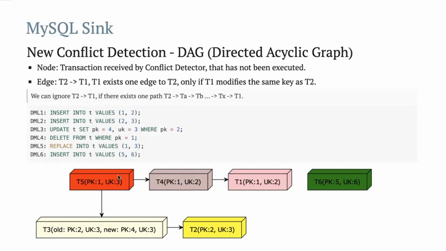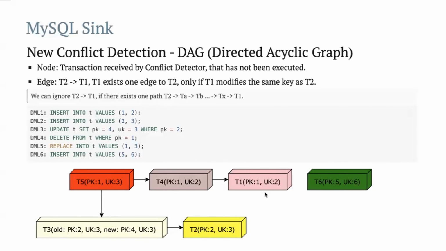And because T5 modifies the same key as T4 and T3, we can draw an edge from T5 to T2 and T5 to T3. But for T6, it doesn't modify the same key as any other transitions, so there is no edge for this one.